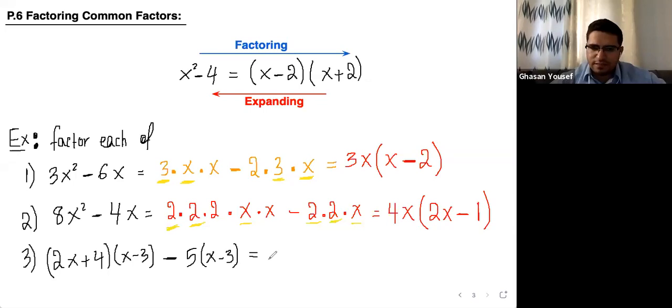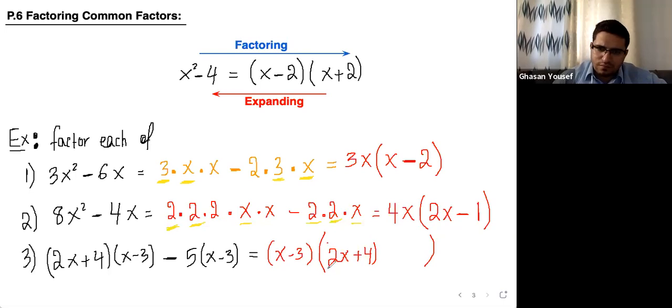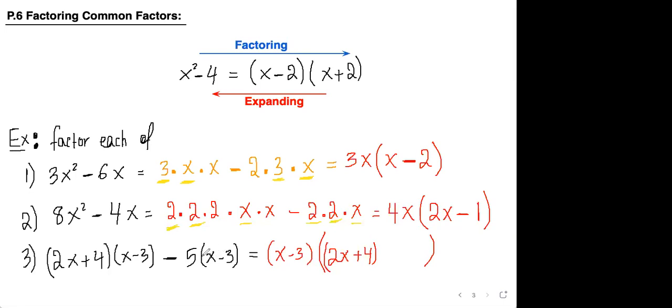Now we open parentheses. What's left here? 2x plus 4. And what's left in here? Minus 5. This is correct.